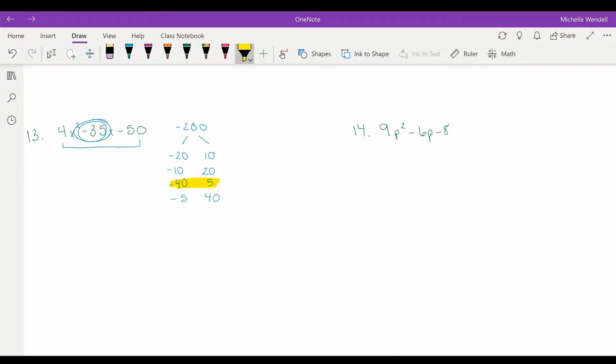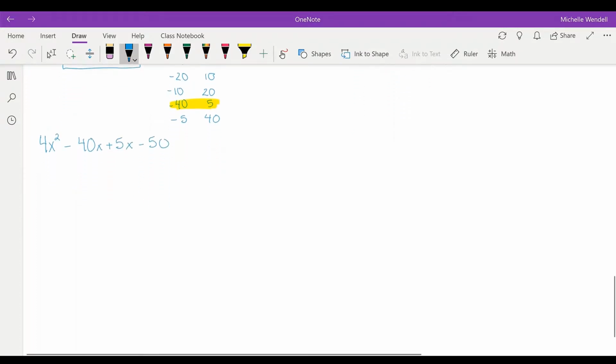Negative 40 and positive 5 is going to give me that negative 35 b value that I want. So what I do is I break down that negative 35 into a negative 40 plus a positive 5. And I keep everything else the same. And then from there, I can do factor by grouping.